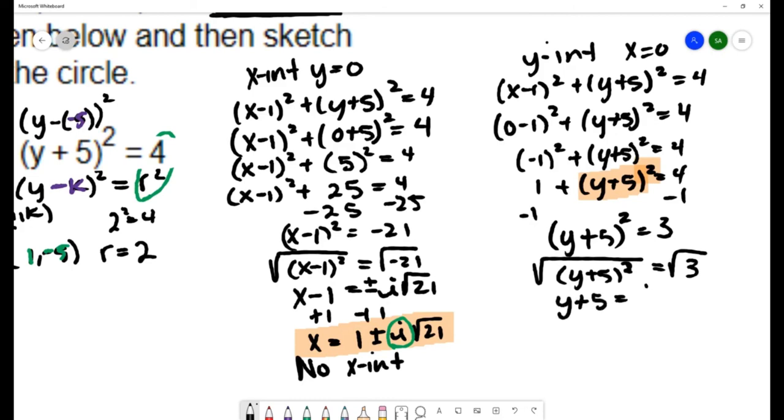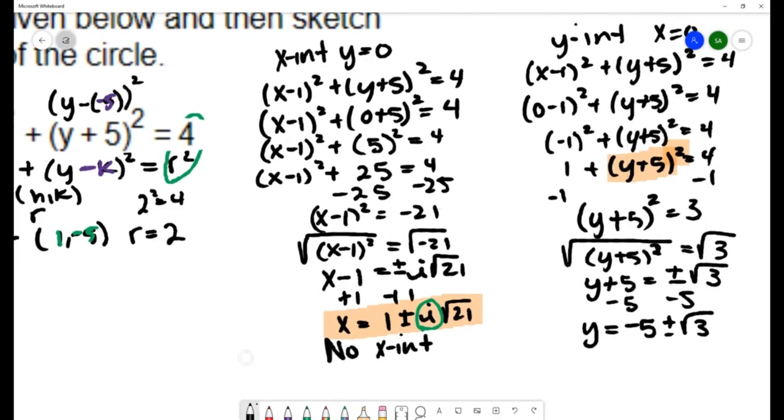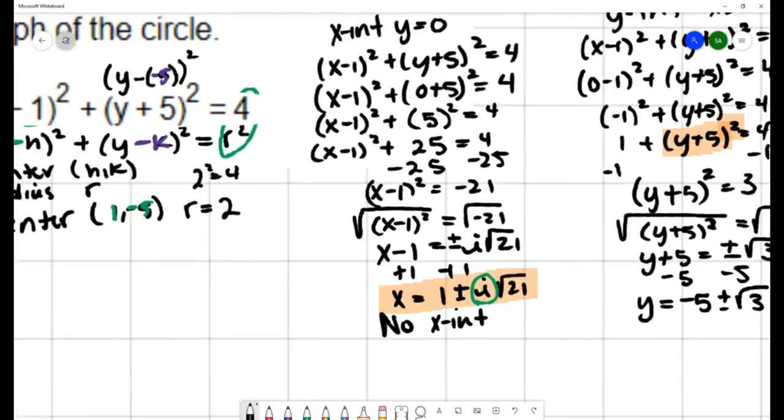I get that plus or minus symbol on the other side, and I can get y by itself by subtracting 5. So I've got my y-intercepts being -5 ± √3. So I've got no x-intercepts and y-intercepts of -5 ± √3.